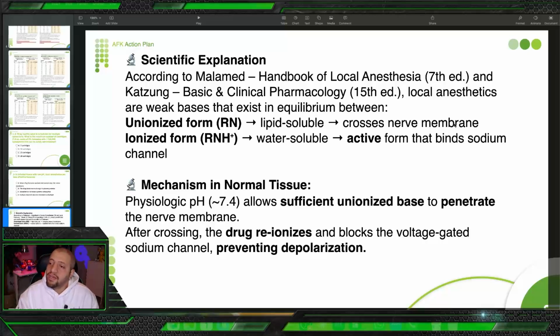When it crosses the nerve membrane, it becomes ionized inside the nerve to become RNH positive, which is water soluble, and this is the active form that binds to the sodium channel. In this normal situation, a pH of 7.4, which is around the normal pH, allows sufficient non-ionized drug to penetrate the nerve membrane. After crossing, the drug re-ionizes and blocks the voltage-gated sodium channel, preventing depolarization.